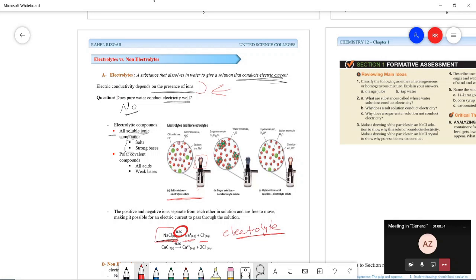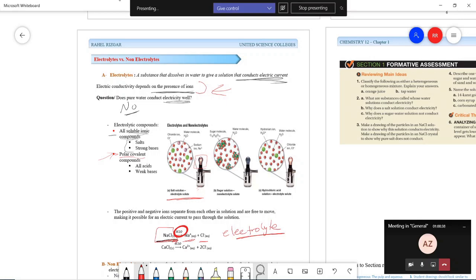Same thing for polar covalent compounds, especially highly polar ones. Like what? Like all acids and weak bases. As I said, we will study all the acids and weak bases in chapter 3. So don't worry about that, because when you study chemistry, they are all connected together.